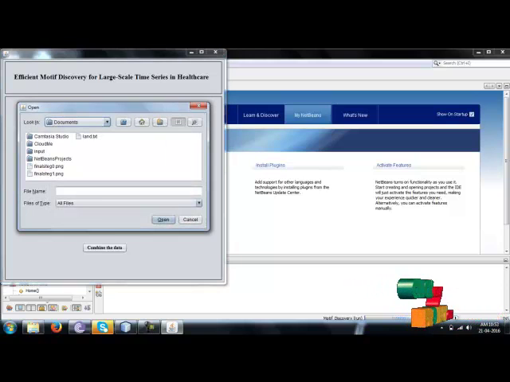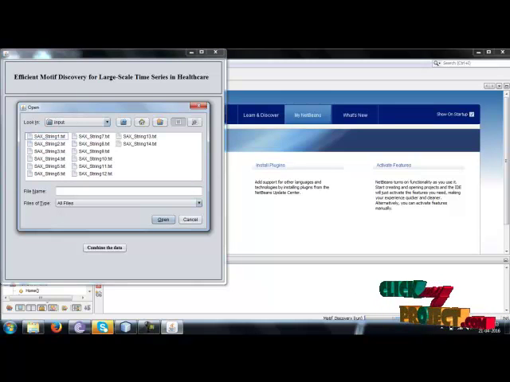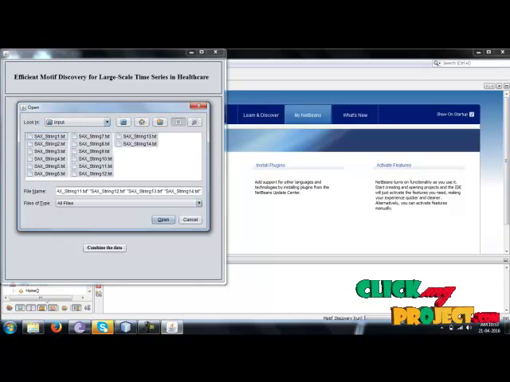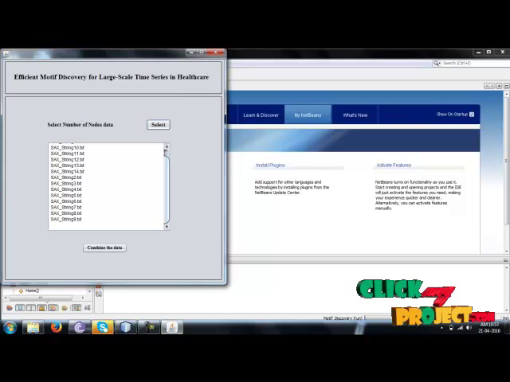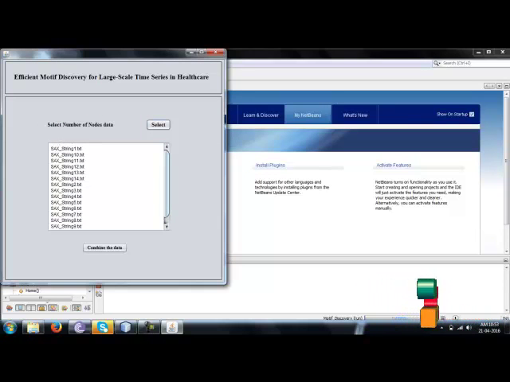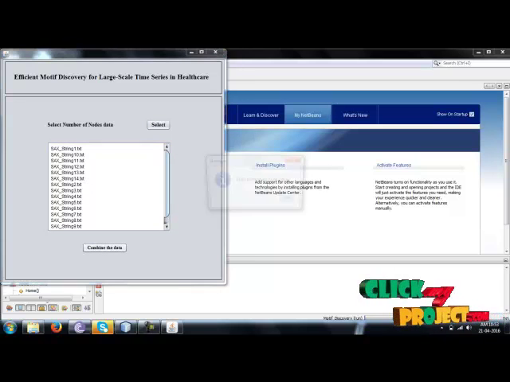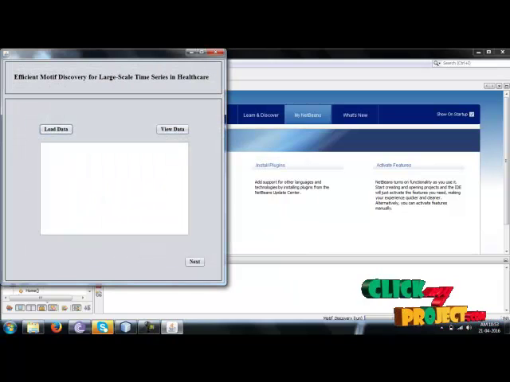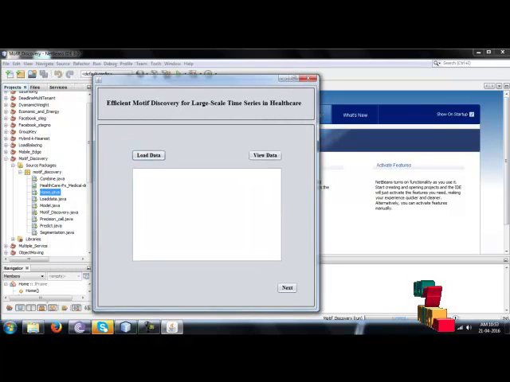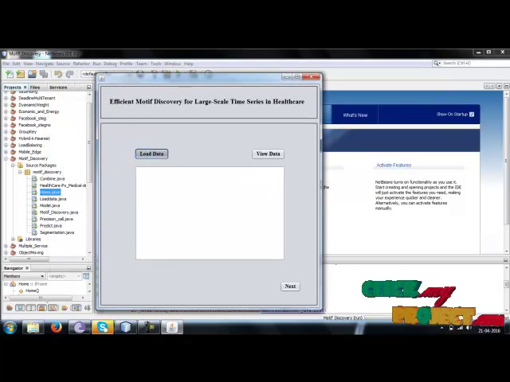Select all data sets in the form of text files. We selected 14 data sets and combined all the data into one file. It will be segmented, converted into symbols, and loaded into the Hadoop, and then we view the data.